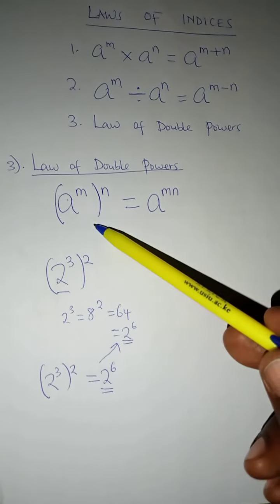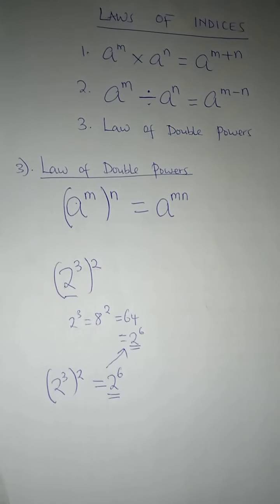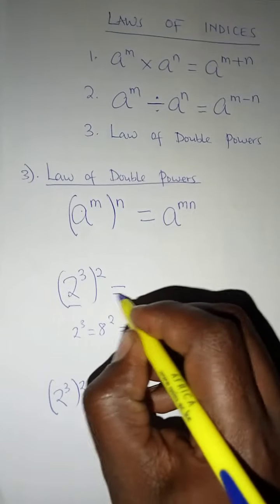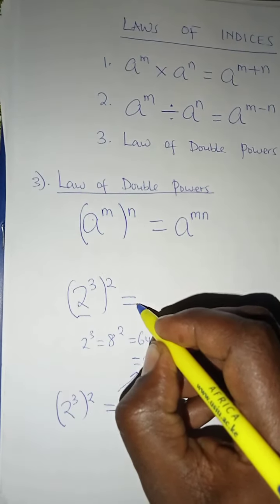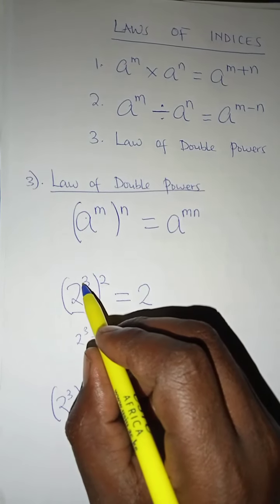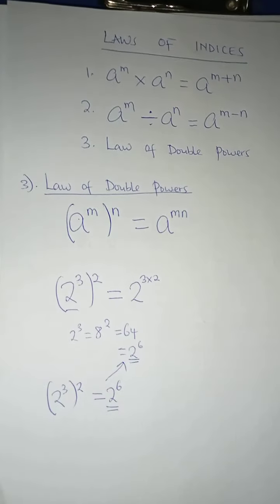But how do we apply this law of double powers? How is it going to help us? The law of double powers directly says, if we are presented with the same question, the only thing we could have done is just to maintain the base 2 and multiply the 2 powers. So we have 3 multiplied by 2.